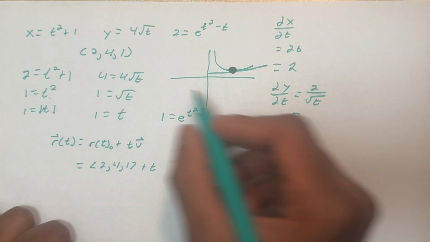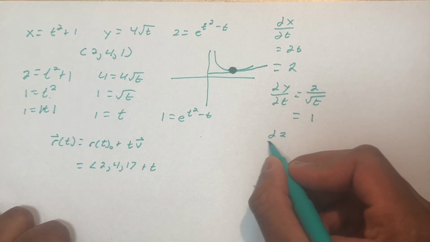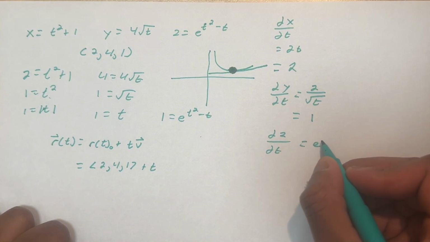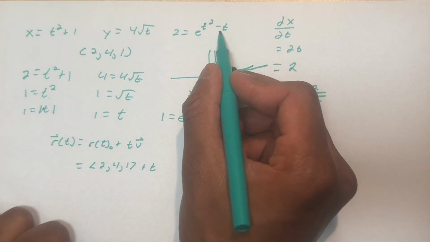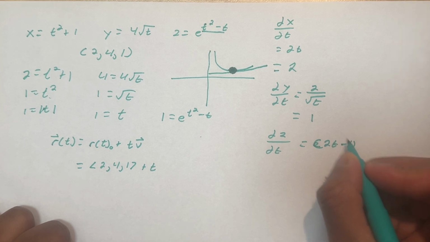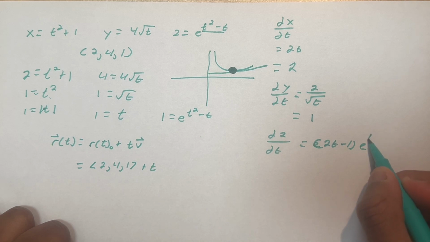When t equals 1, we have 2 over 1, so it's 2. Wait, let's keep going: with the slope component working out to 1 in the direction vector. For dz over dt, let's differentiate first. We take the derivative of the exponent, 2t minus 1, and then we still have everything that's up there.